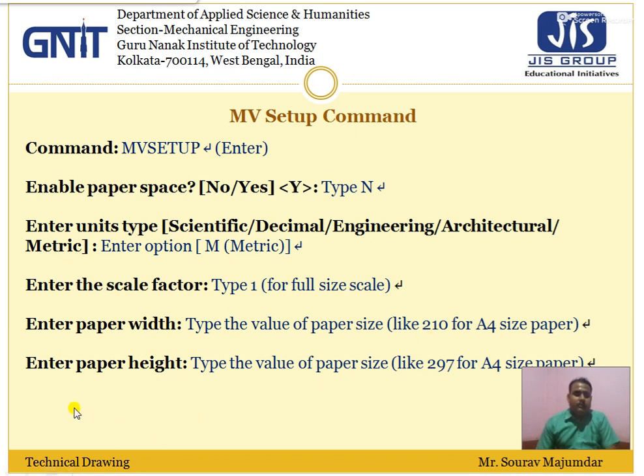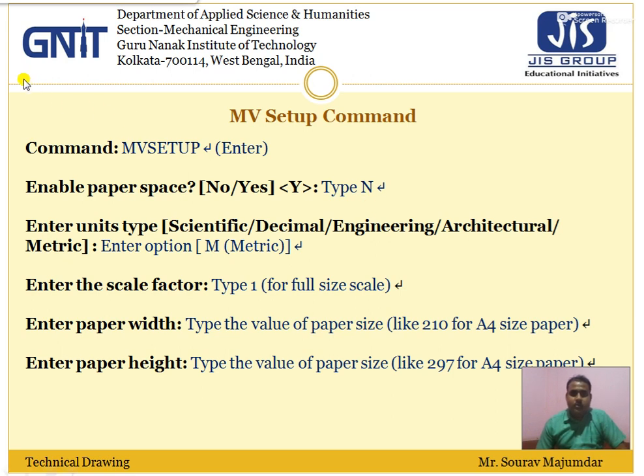After that, it will ask about the paper height. Enter the paper height. So for A4 size page, paper height is 297 millimeter. So you just type 297, enter. Then automatically A4 size page is created in your drawing sheet. Okay, so let's see how it will create.